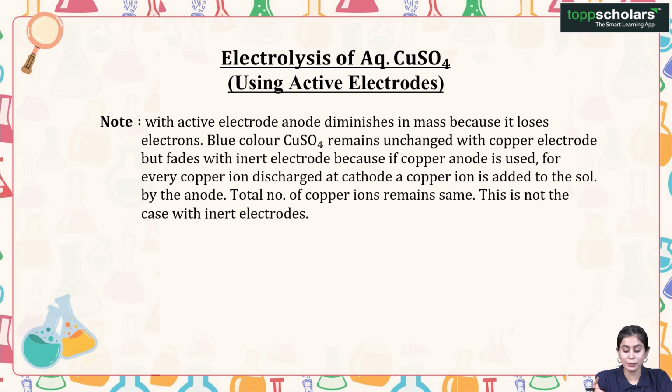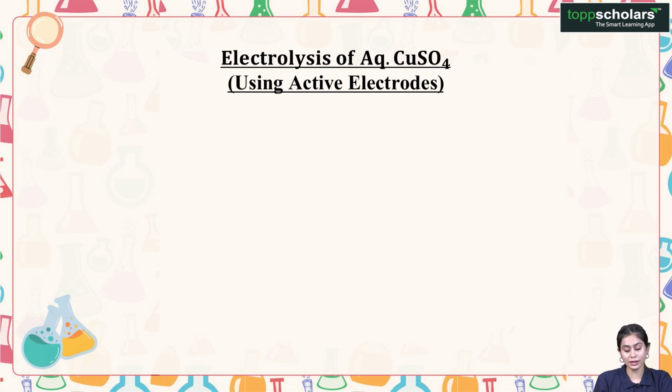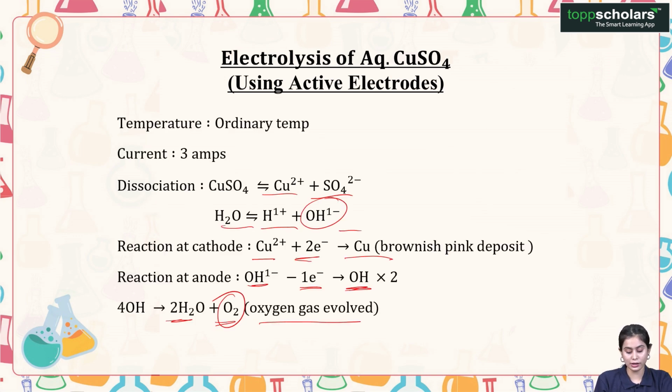Because the anode is also simultaneously producing copper ions. Total number of copper ions remains unchanged. That is the same. This is not the case with inert electrode. We also saw the reaction with inert electrode, when oxygen gas is liberated, because here we are not using copper as the anode, we are using hydroxide as anode.